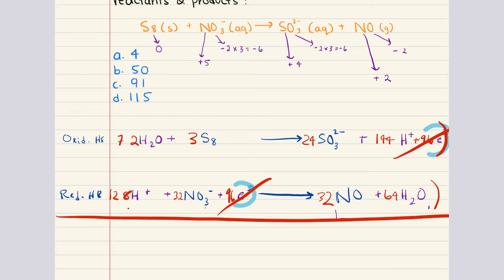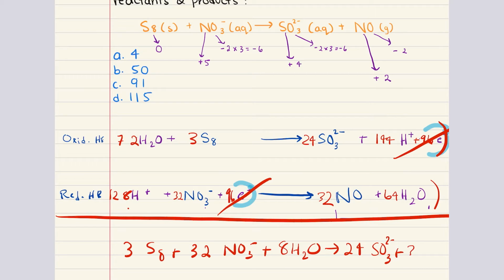We now have 3 S8 plus 32 nitrate ions plus 8 water, and that gives us on our product side 24 sulfite ions, 2 minus, plus 32 nitrogen monoxides plus 16 hydrogen ions.